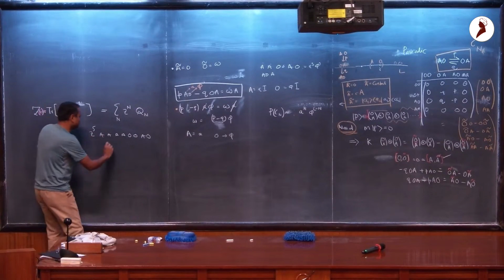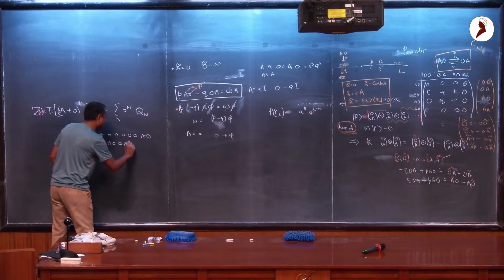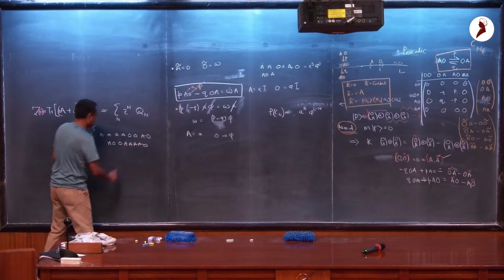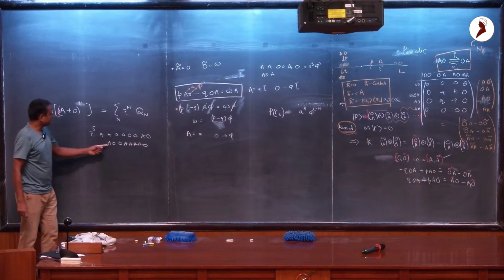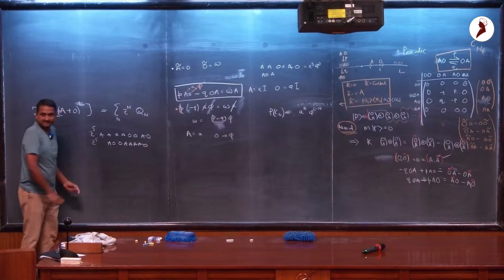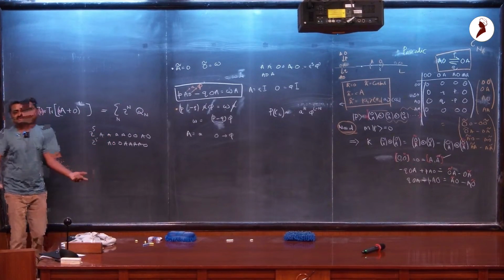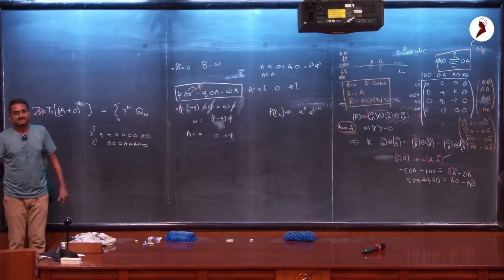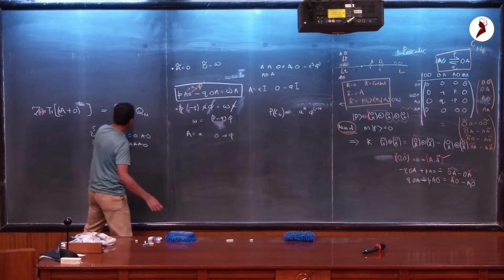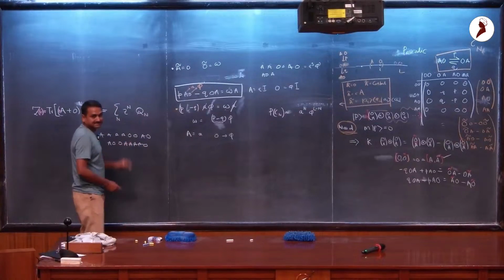Any other configuration such as A, 0, 0, A, 0 will also give Z to the power 5. So the coefficient of Z to the power 5 will count how many such configurations there are. So Qn is this coefficient.